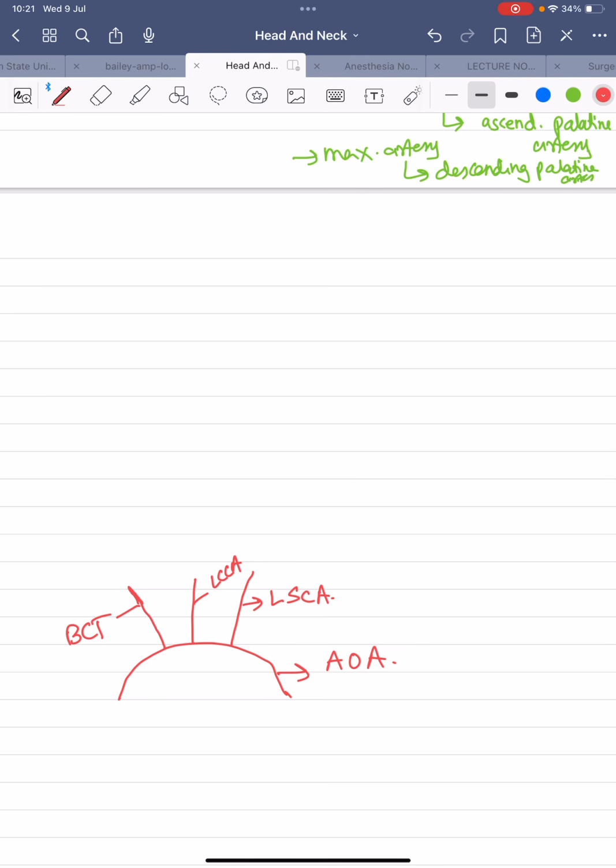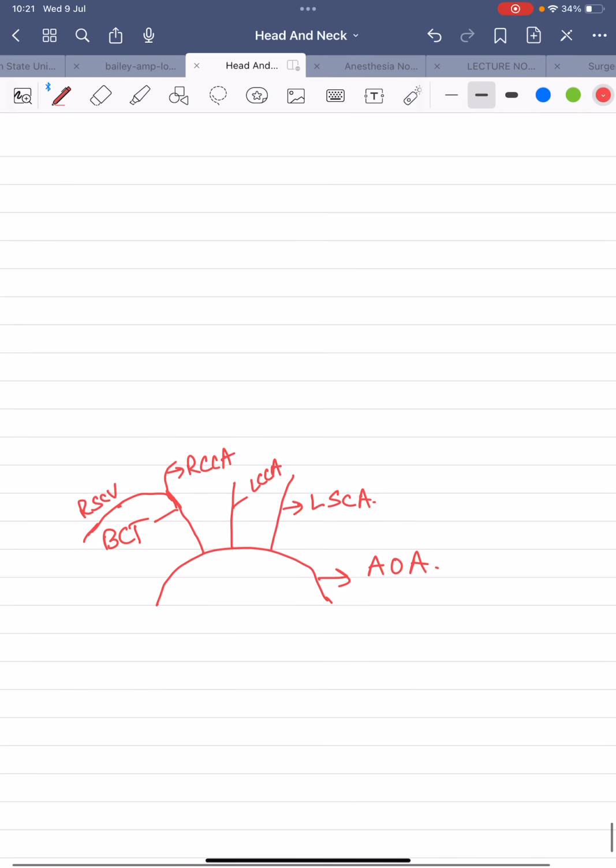So this is your right subclavian artery, and this will be your right common carotid artery, like this. Okay, so this subclavian artery is divided into three portions by which muscle? Scalenus anterior muscle.